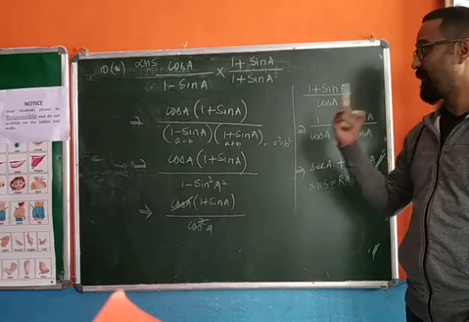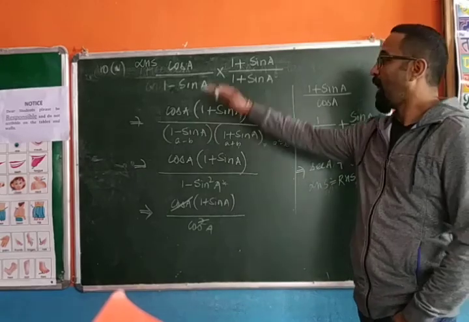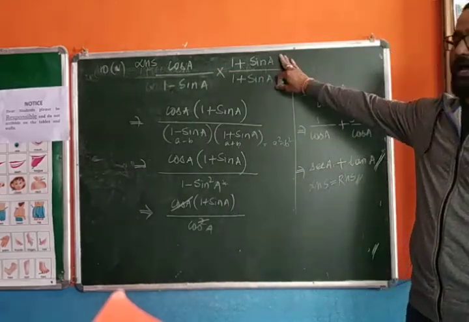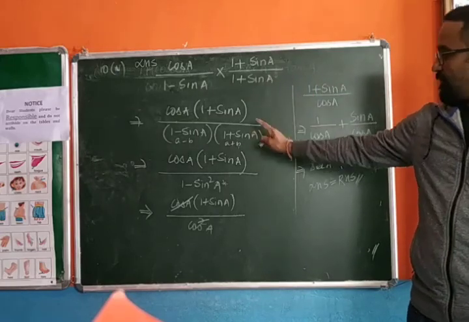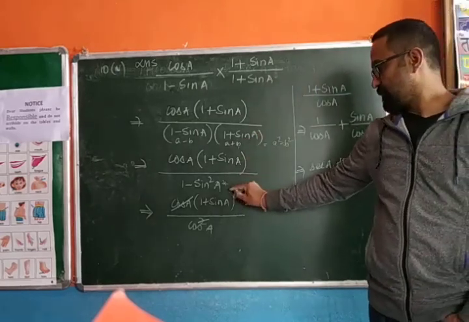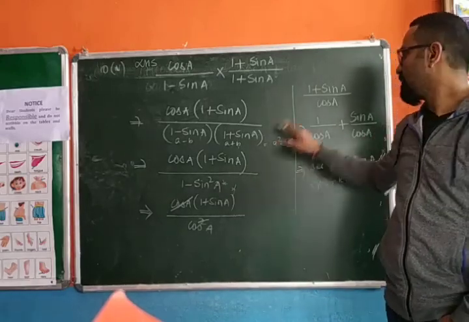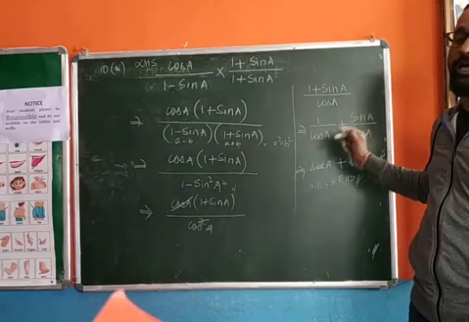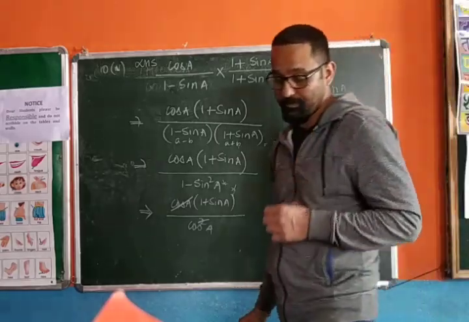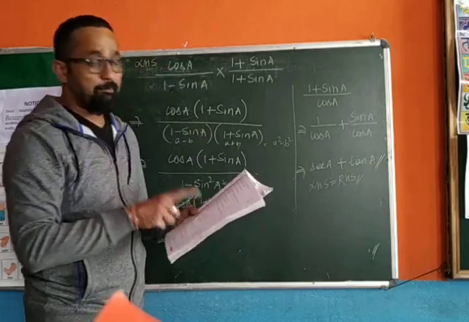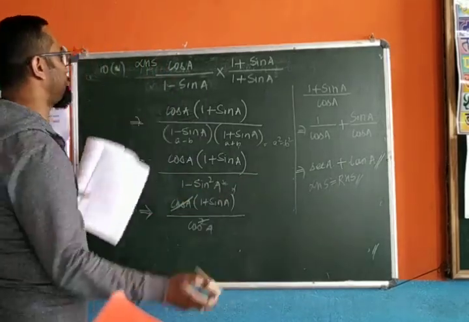You have to be very attentive in the use of formulas: rationalization, then the trigonometrical formula, the identity, then the reciprocal and quotient relations. Question number 10 part 4, you can do it yourself in a similar way.